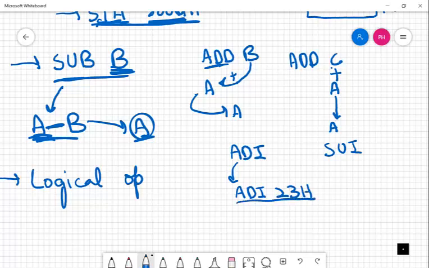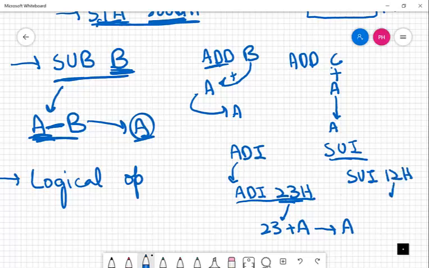In this case, this number 23 will be added to the contents of accumulator, and the result again stored in accumulator. And in case of subtract immediate, for example, subtract I 12H. So this 12 will get subtracted from the contents of accumulator, and the result stored in accumulator. This is the difference between add and add immediate.